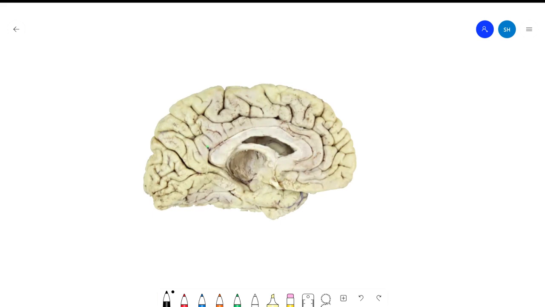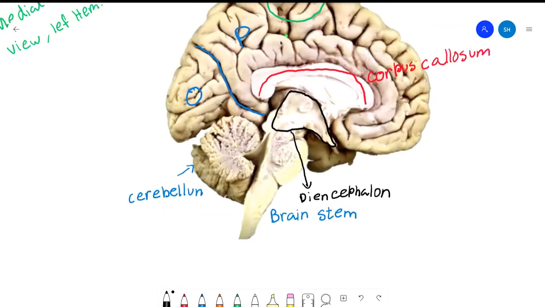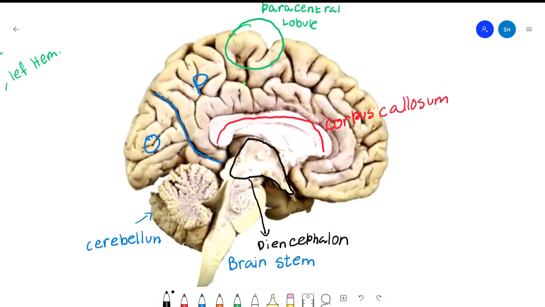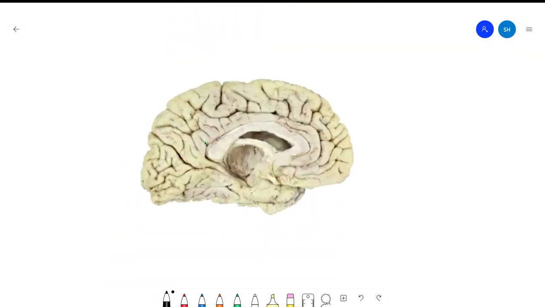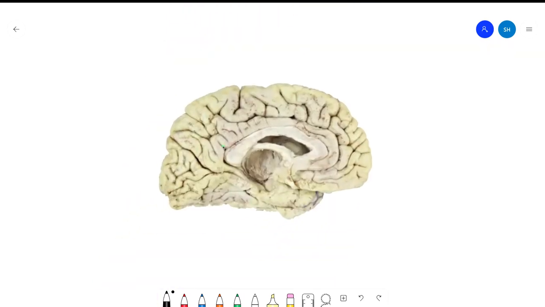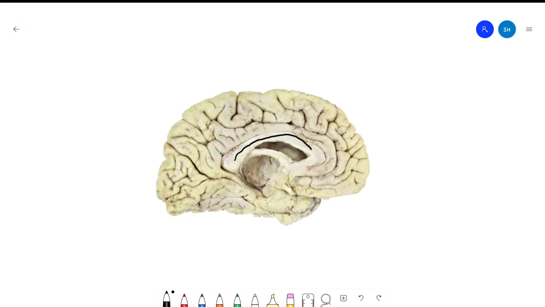Here we have the last and final view that we're going to look at. This might look very familiar because this is the exact same view we looked at just before. But this time, there is no brainstem, no cerebellum, and no diencephalon in this picture, because this would be the corpus callosum, and then approximately the diencephalon would be somewhere here.